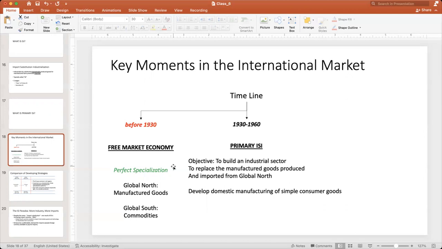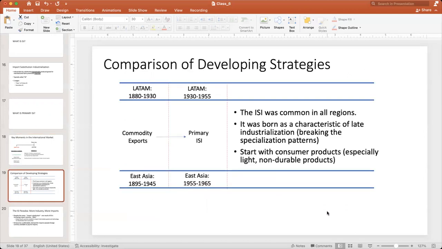However, the problem here is that even when the import substitution industrialization was common in all regions around the world, and it was born as a characteristic of late industrialization because the World War broke the specialization patterns, well, the developing countries were unable to produce all types of manufacturing goods.